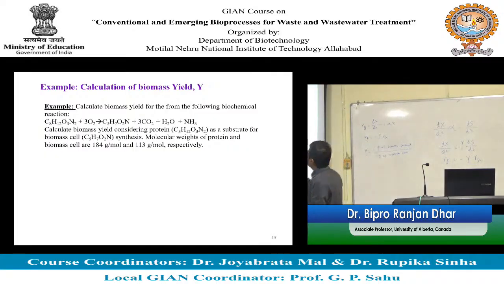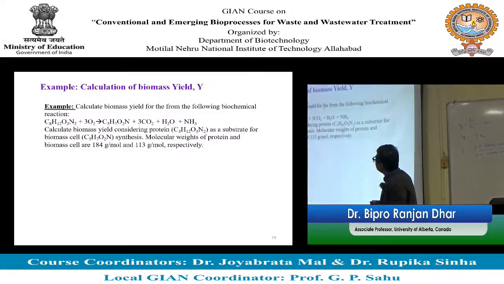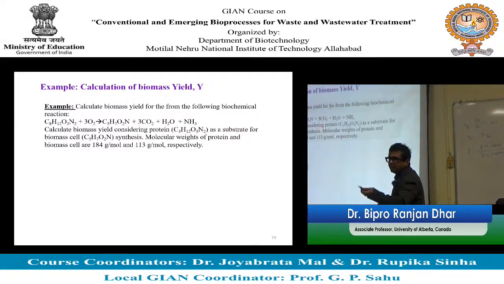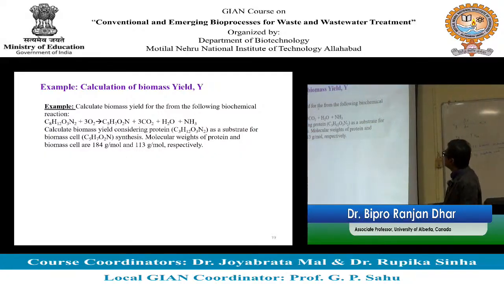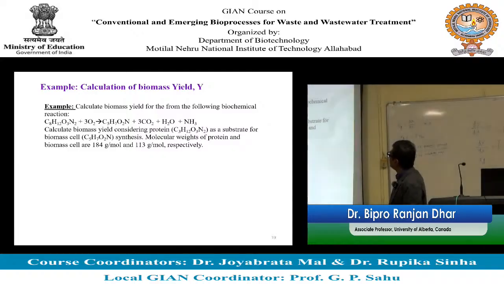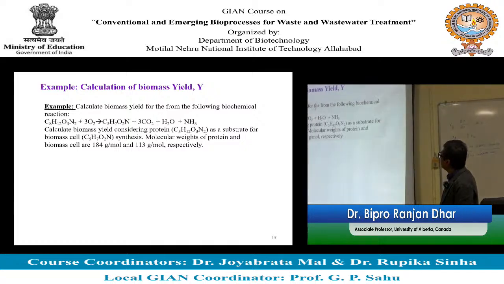Here you can see microbes are using an organic compound and producing new cells, C5H7O2N, right? You remember from yesterday? The molecular weight of this compound, which is protein, is 184 grams per mole, and the molecular weight of microbes is 113 grams per mole.